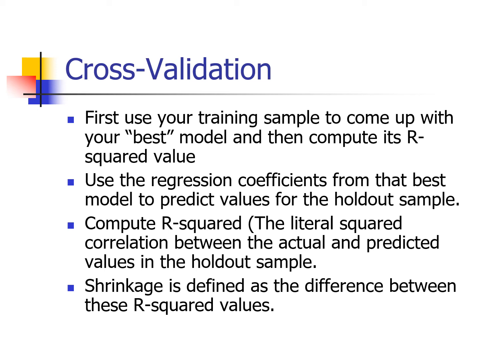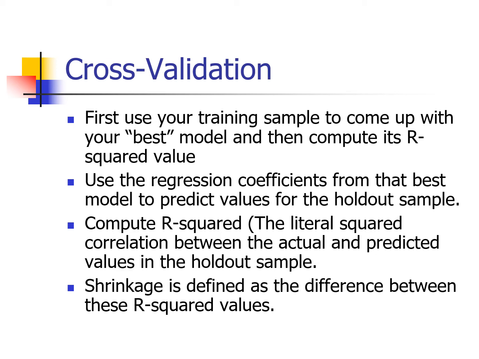Now, this is where that idea of generalized R squared comes in handy. Remember, in our last lecture before our first exam, we talked about this idea of generalized correlation. You remember that?